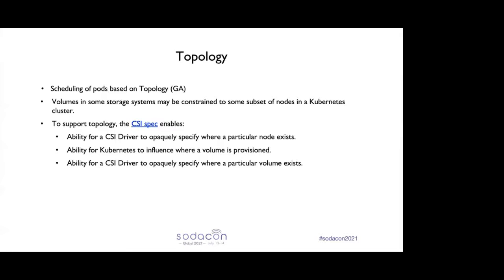For example, I want to provision a new volume in either zone 1 or zone 2. And the ability for a CSI driver to opaquely specify where a particular volume exists. For example, volume X is accessible by all nodes in zone 1 and zone 2. Kubernetes and the external provisioner use these abilities to make scheduling decisions.